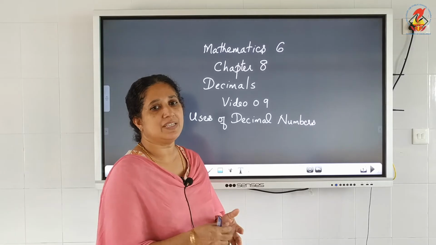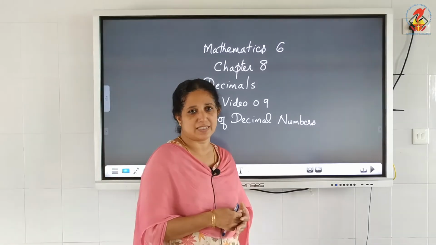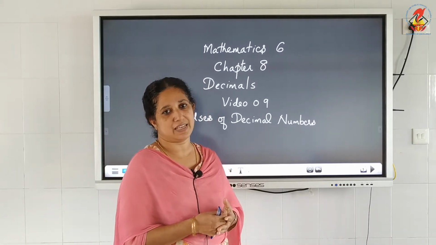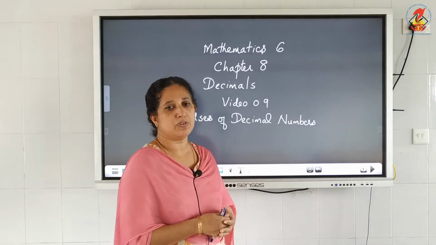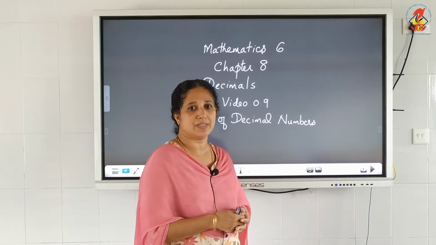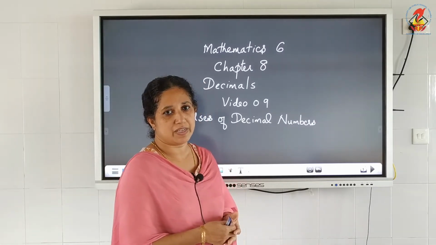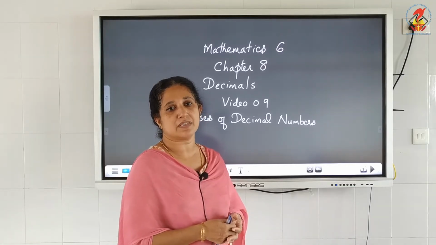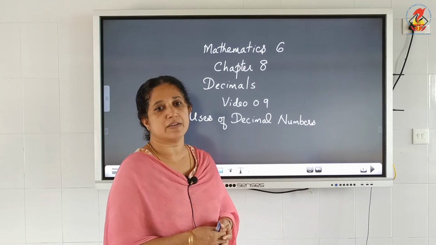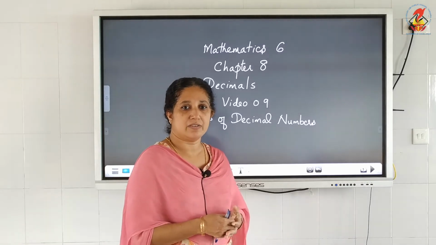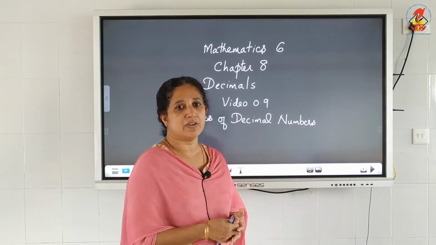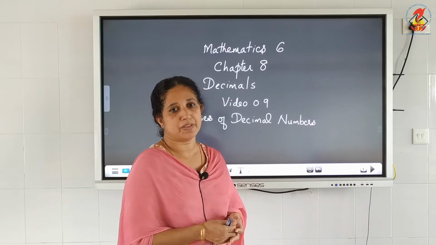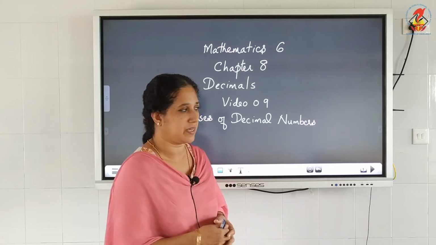So in all these situations, we are using decimal numbers in our daily life. So we have to look at how we can convert them into decimals, if it is given in rupees and paise, or meters and centimeters, how we can convert it into kilometers, and again weight, how we can convert grams to kilograms.